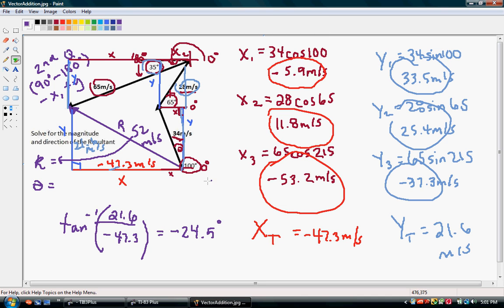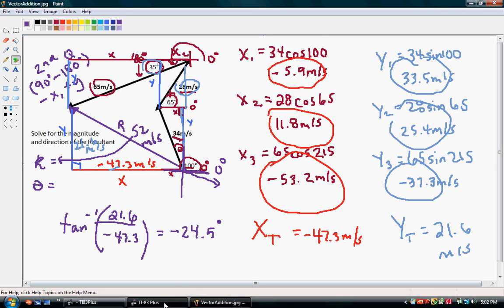So if we think about this really fast and think about our resultant and where it is, negative 24.5 is really somewhere over here. So we know that we have to do the tangent quadrant check, and we know since we're in the second quadrant, we should be somewhere between 90 and 180. This is not between 90 and 180. This is actually a whole half circle behind it.